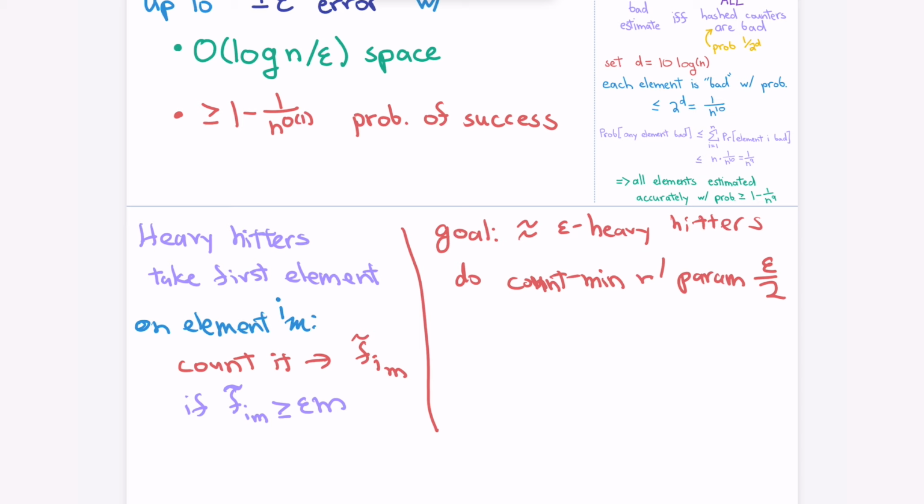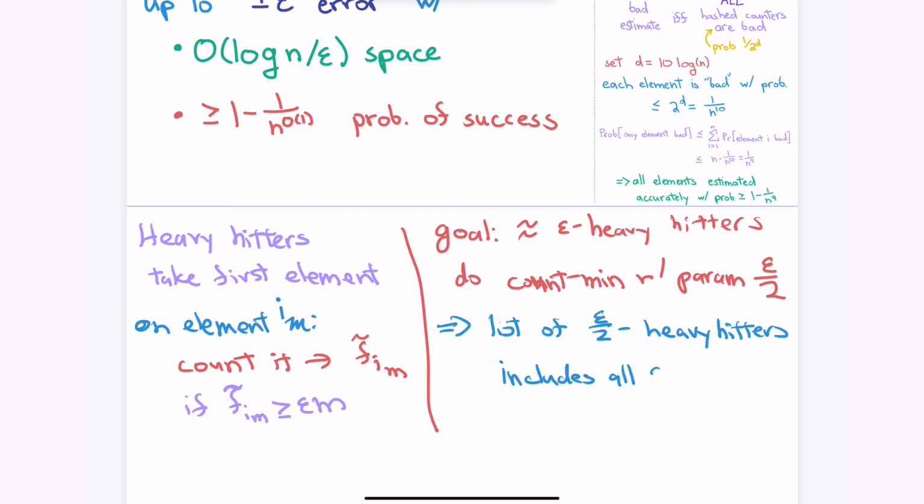Yeah, so that will lead to a list of epsilon over 2 heavy hitters, because epsilon minus epsilon over 2 will give you epsilon over 2. Epsilon over 2 heavy hitters, that includes all epsilon heavy hitters.